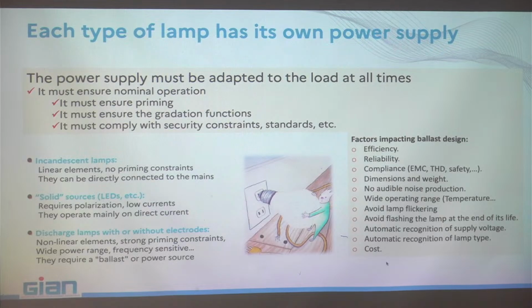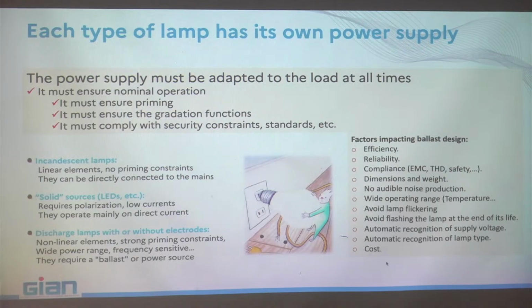And they require, of course, a ballast, or if you want, a current source, because these devices operate exclusively in AC, but with stabilized current. They need a fixed current AC.